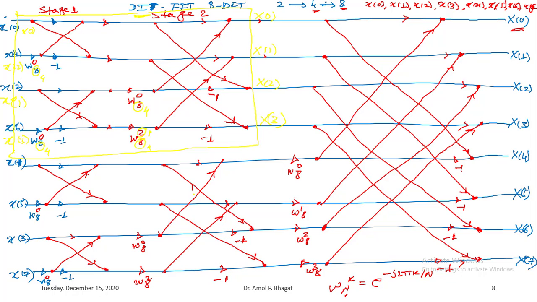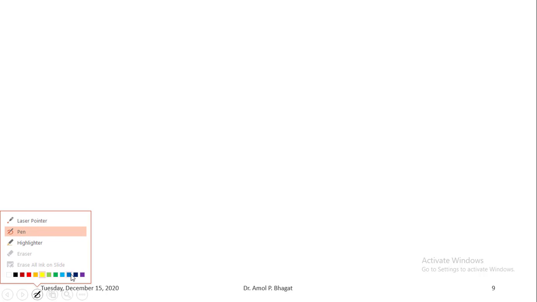Okay, so this is nothing but DIT algorithm. When we see the example using this algorithm, you will get more understanding of it. But before closing today's session, we'll see the DIF FFT diagram also, right?